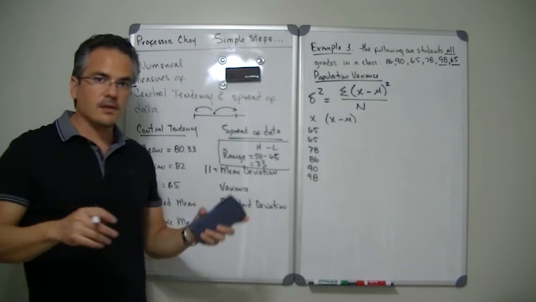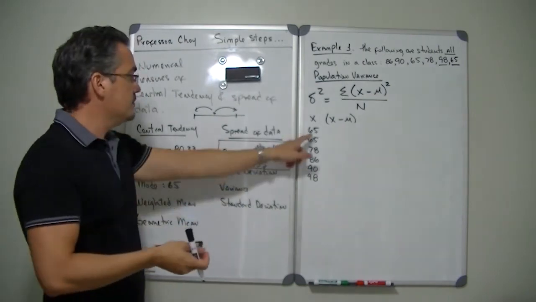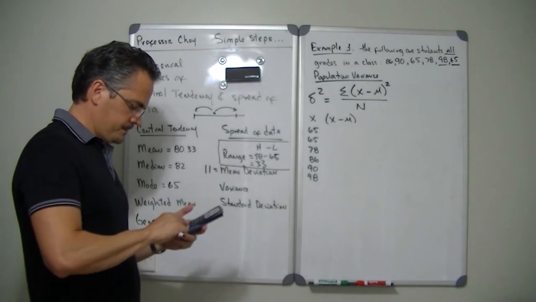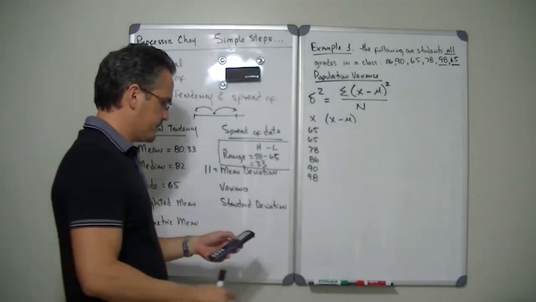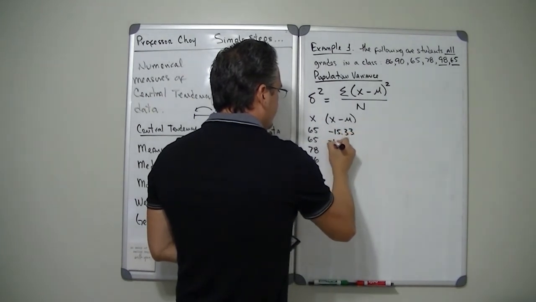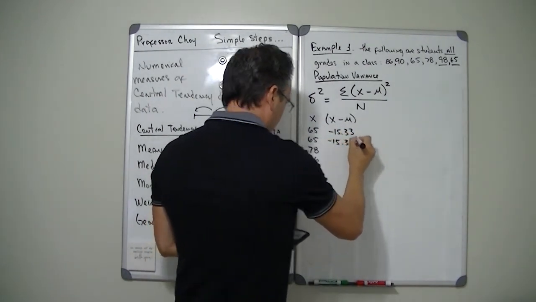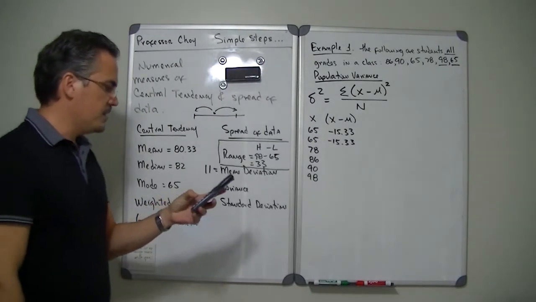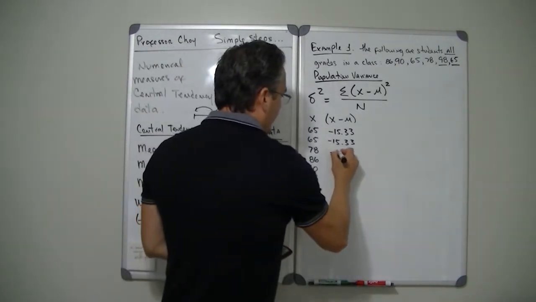So you take your calculator and for each one of these you subtract 80.33. So we get negative 15.33, negative 15.33. Again, I'm doing it again for redundancy purposes, so people understand where I got the numbers.